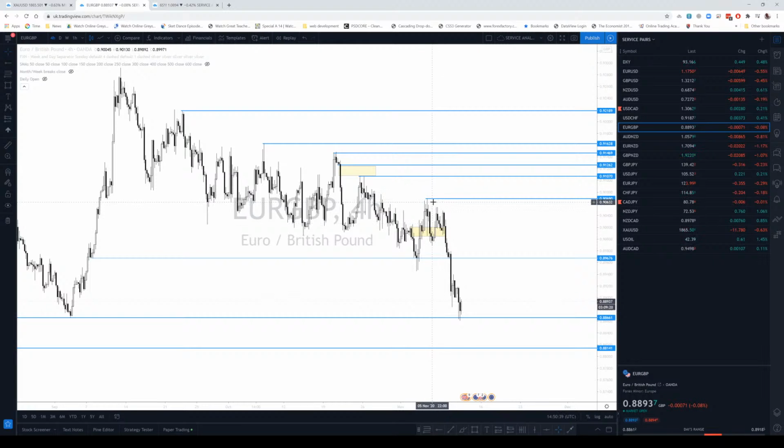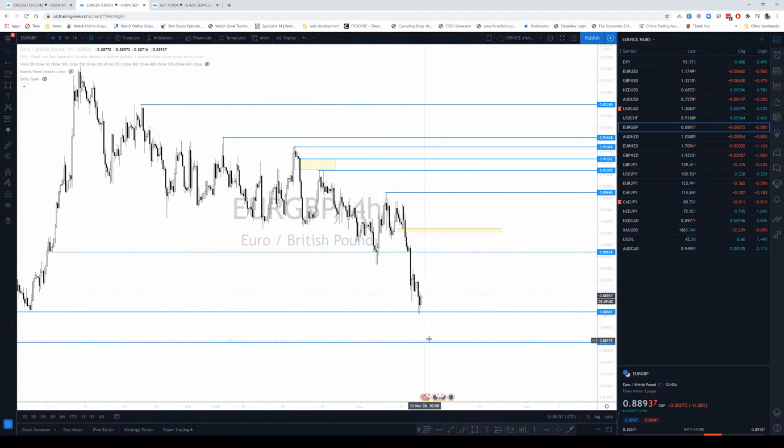So first target would be, pardon me, if we are to get a reversal, that's where I'll be looking for price to come to, in here. Okay, so if we get down there, I'll be looking for price to come up here, and then there.